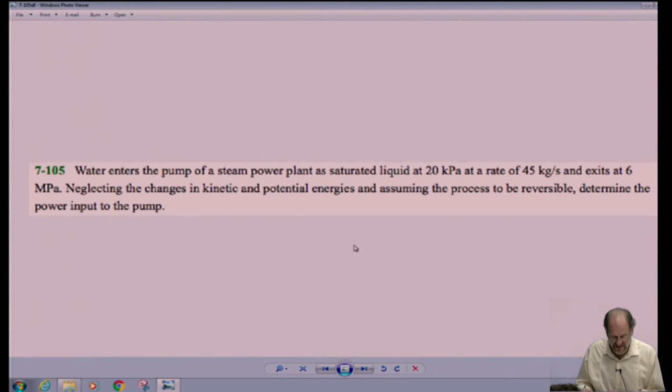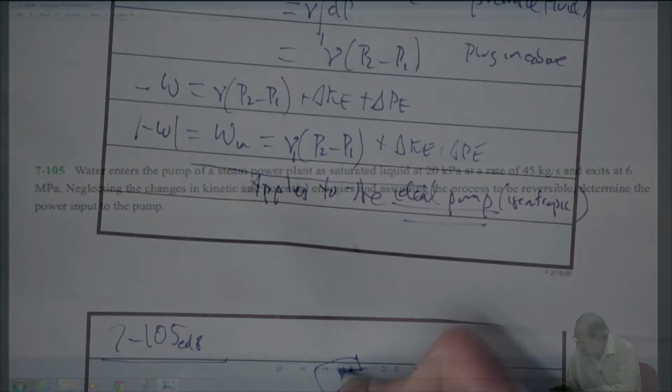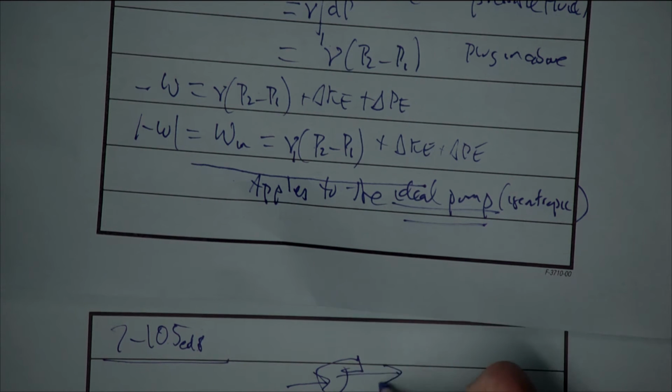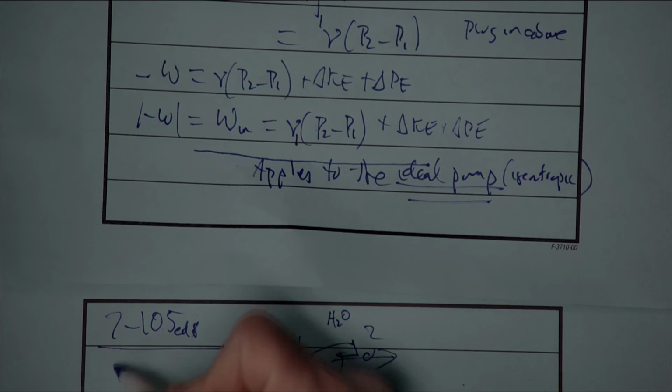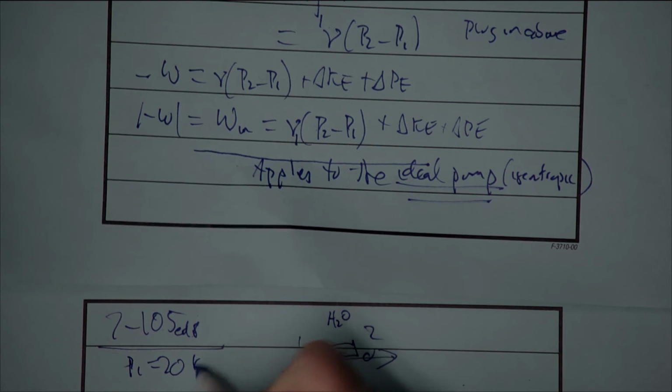If we're trying to find the power for this type of reversible process, then we just have to use the mass flow rate times the work per unit mass, which is from the equation above. So here's my pump. Let's let, again, 1 and 2 represent the inlet and the exit. We're given that this is part of a steam power plant, so it's H2O. P1 is 20 kilopascals and is a saturated liquid.